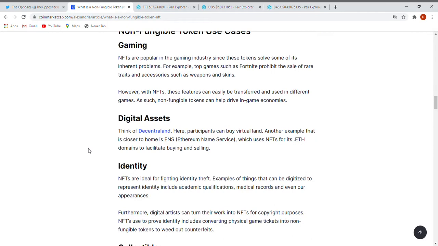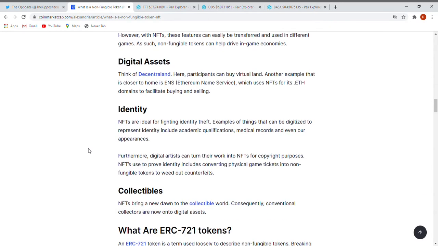For example, top games such as Fortnite prohibit the sale of rare items and accessories such as weapons and skins. So you see in gaming, they have unbelievably many use cases for NFTs. Digital assets, yeah, well, also the same.